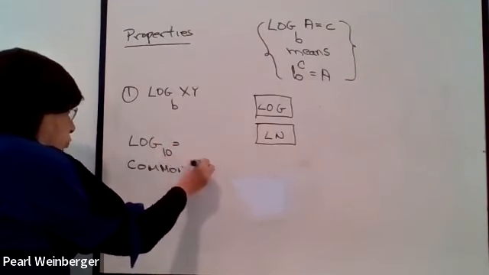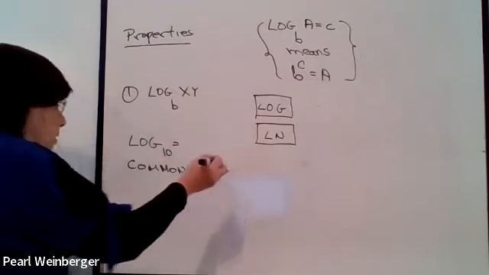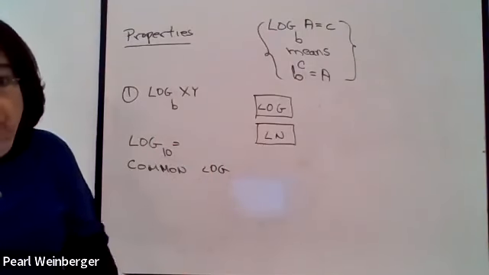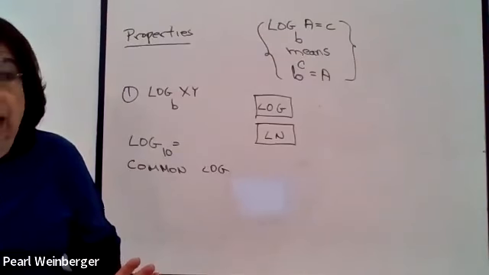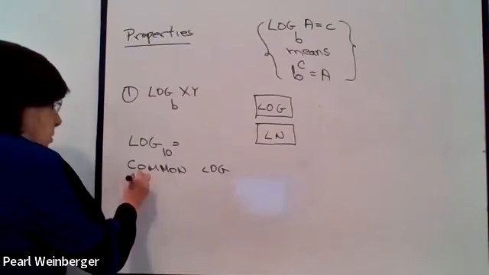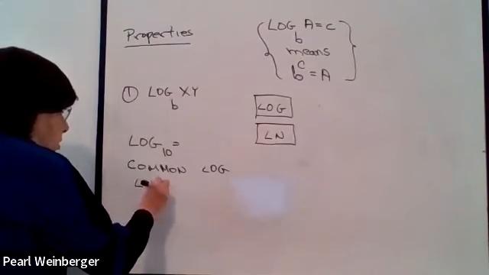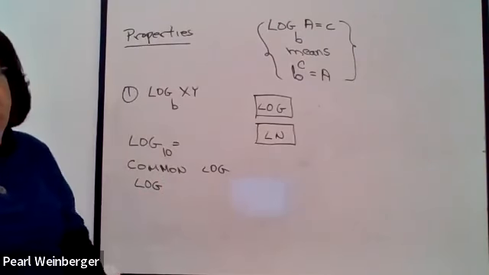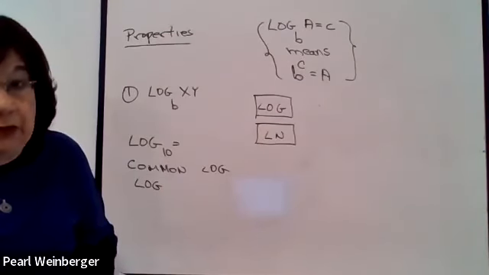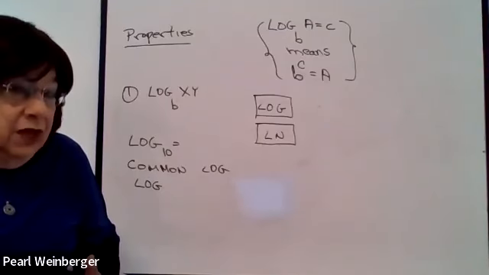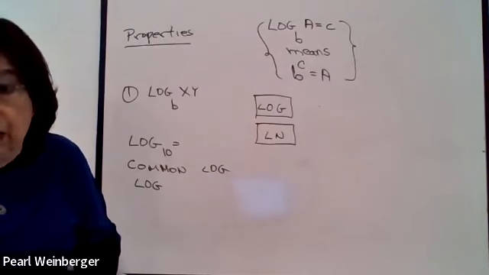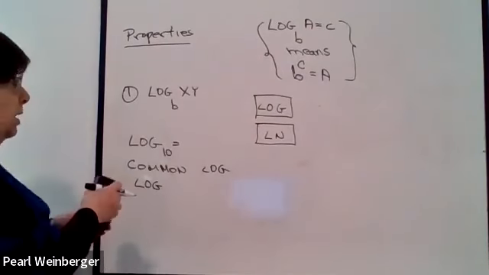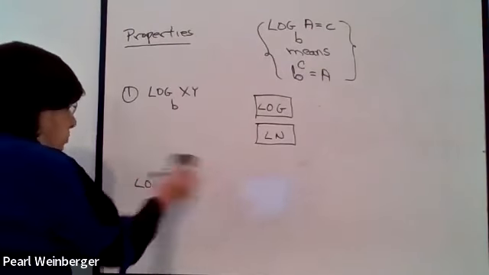If I ever say I'm talking about the common log, I mean I'm talking about a log and the base of that log is 10. And not only that, if I just write the word log and I don't put in any number as a base, it's not that I forgot the base. It means the base that's being used is 10. So I could ask you a question like this.